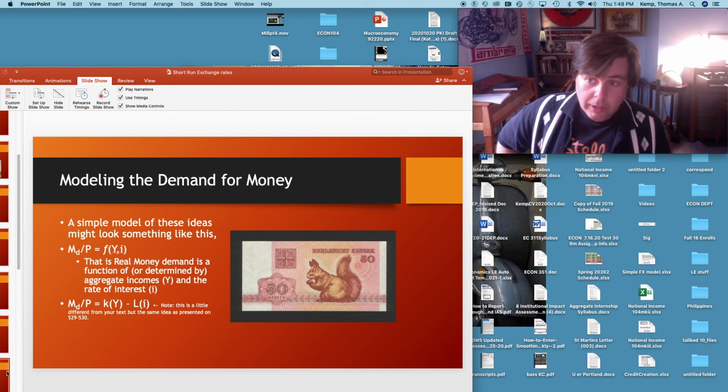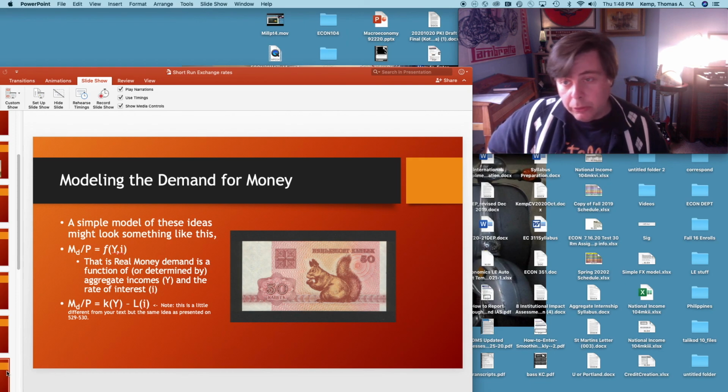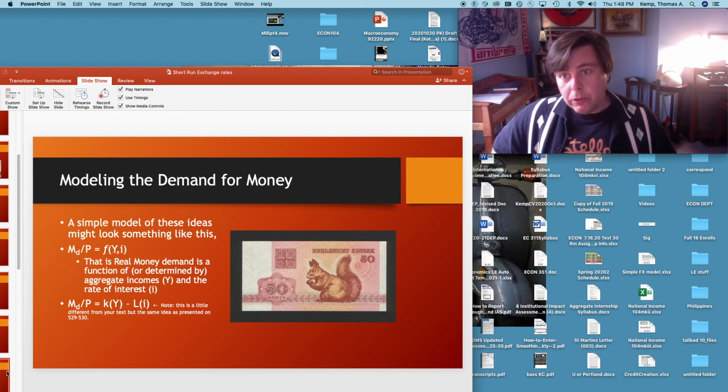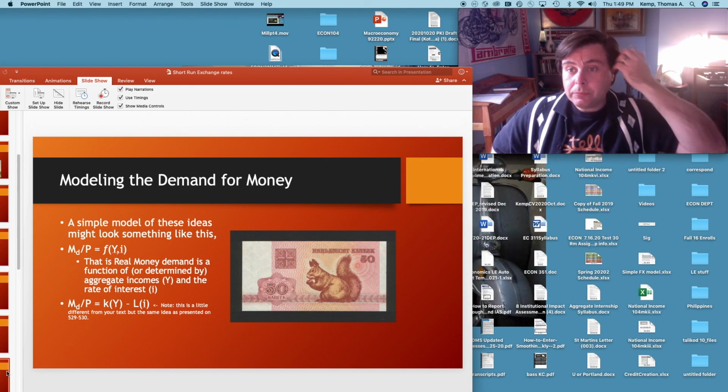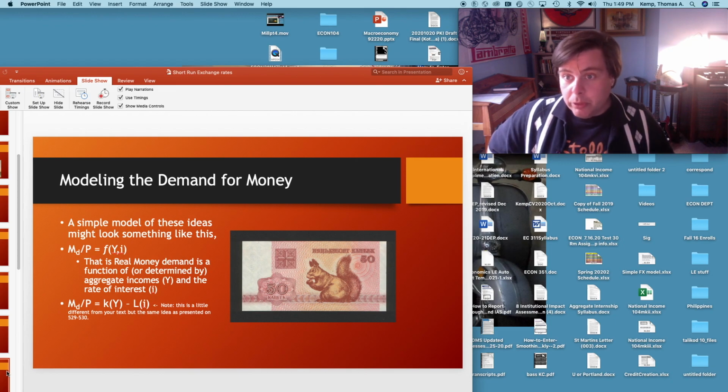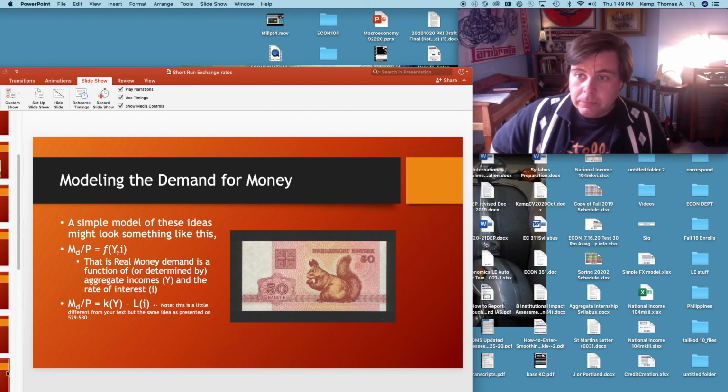What is the rate at which changes in the interest rate impact money demand? We've used the letter L to denote this here because L is short for liquidity preference, which is a term economists use quite a bit. What is people's preference for liquidity? How much cash do they like to hold?